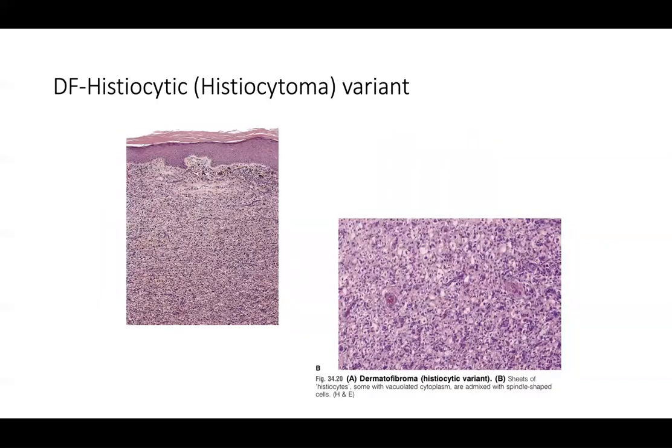Looking at the histiocytic variant of a dermatofibroma, sheets of histiocytes are the predominant cell type, and you can see even areas of vacuolated cytoplasm mixed with spindle-shaped cells. So this is taking on almost that clear cell appearance, because histiocytes, more than fibroblasts, have more abundant clear cytoplasm. But a histiocyte is essentially just a tissue macrophage.